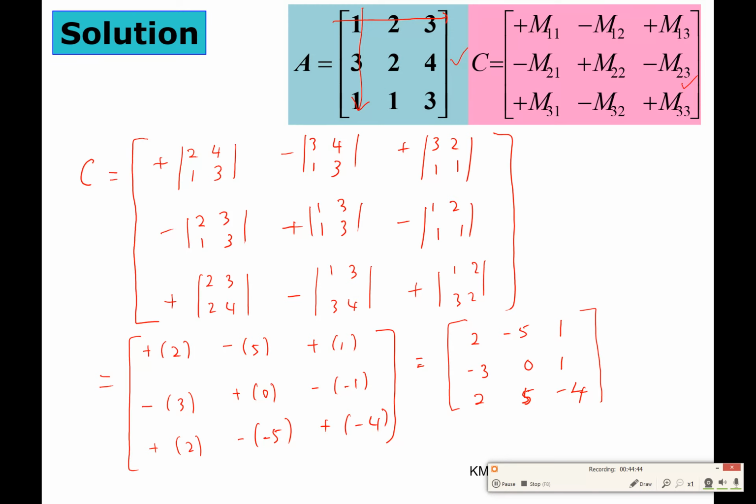So this is the cofactor C. The next part, we continue. The adjoint of A is actually the cofactor transpose.